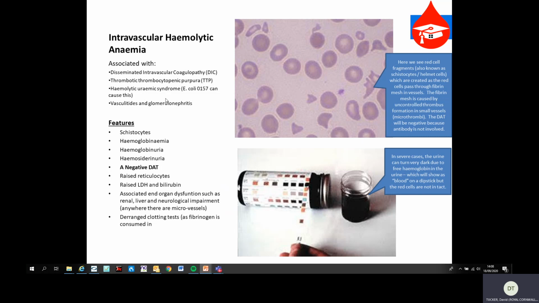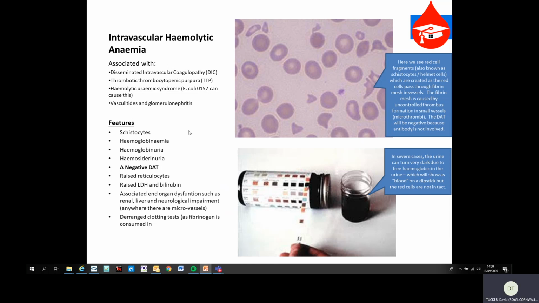There are different causes for this, but DIC, disseminated intravascular coagulopathy, where you have an uncontrolled production of fibrin, which is often related to malignancy or major trauma or sepsis or obstetric problems. Occasionally you can have TTP, which is where you have a lack of a particular protein or enzyme which breaks down von Willebrand's factor. And sometimes infections such as E. coli 0157 can cause a hemolytic uremic syndrome, which gives you this picture.